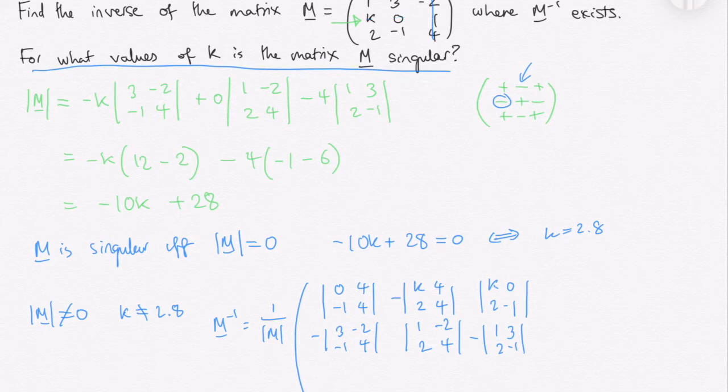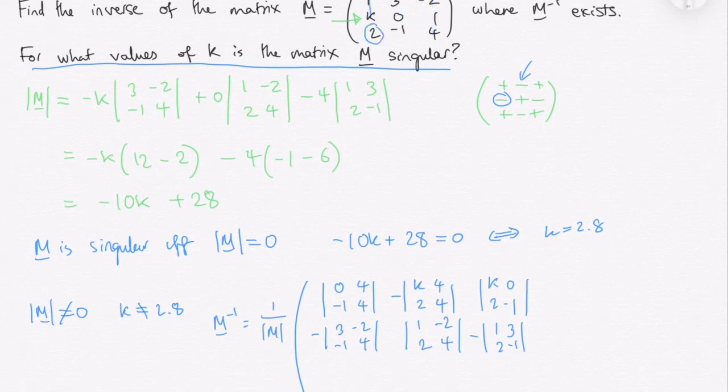And then onto the bottom row, the cofactor corresponding to the element 2 is the determinant of 3, negative 2, 0, 4. And the cofactor corresponding to the element negative 1 is 1, negative 2, k, 4.